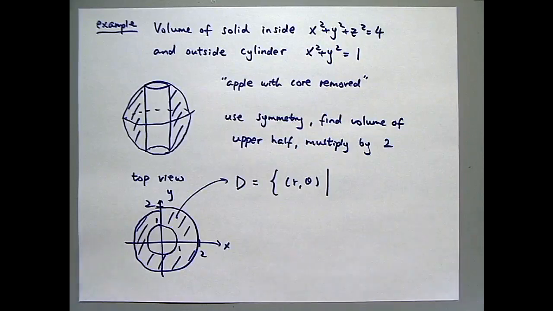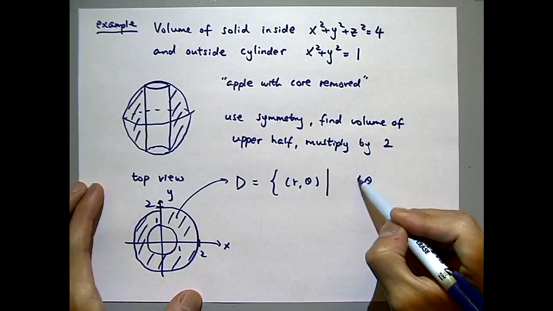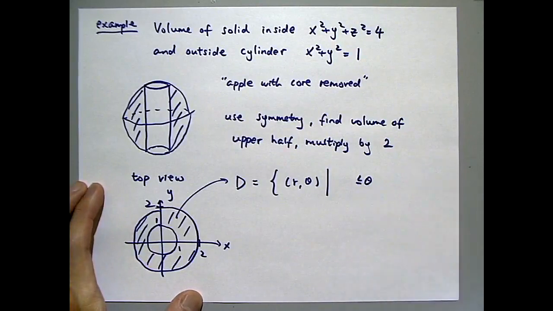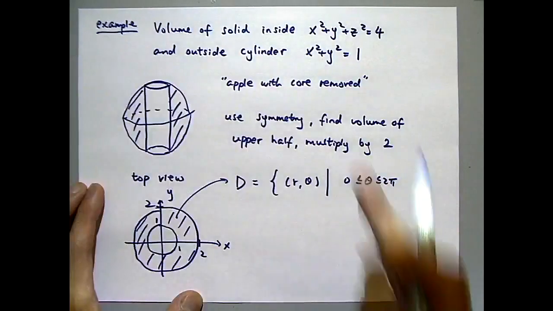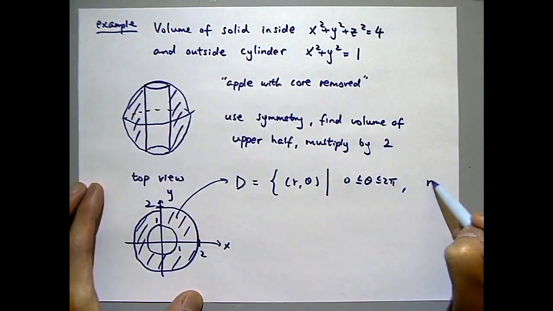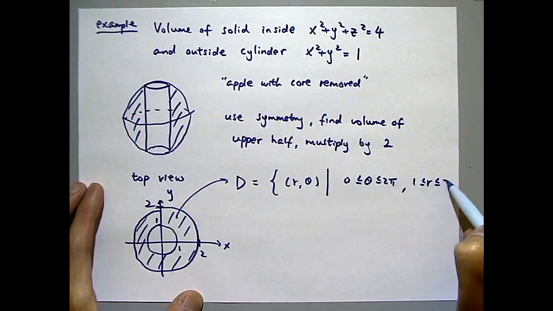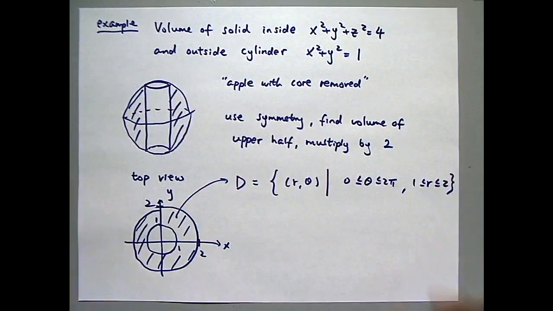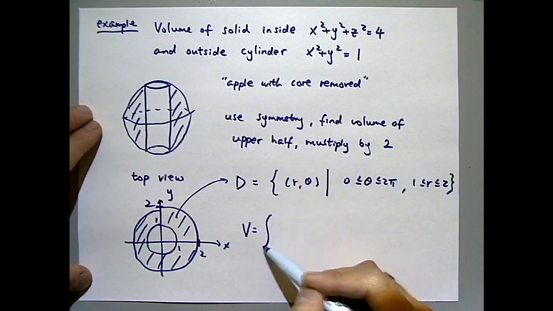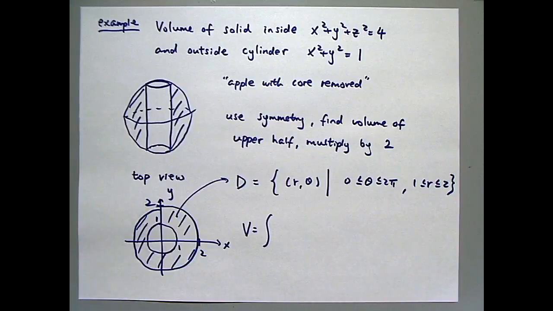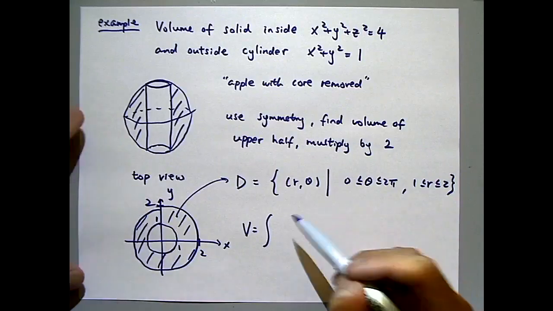And this seems pretty straightforward, right? Theta is from 0 to 2 pi, going all the way around, and then r is bounded between 1 and 2. Seems pretty easy. Let's set up the integral here.